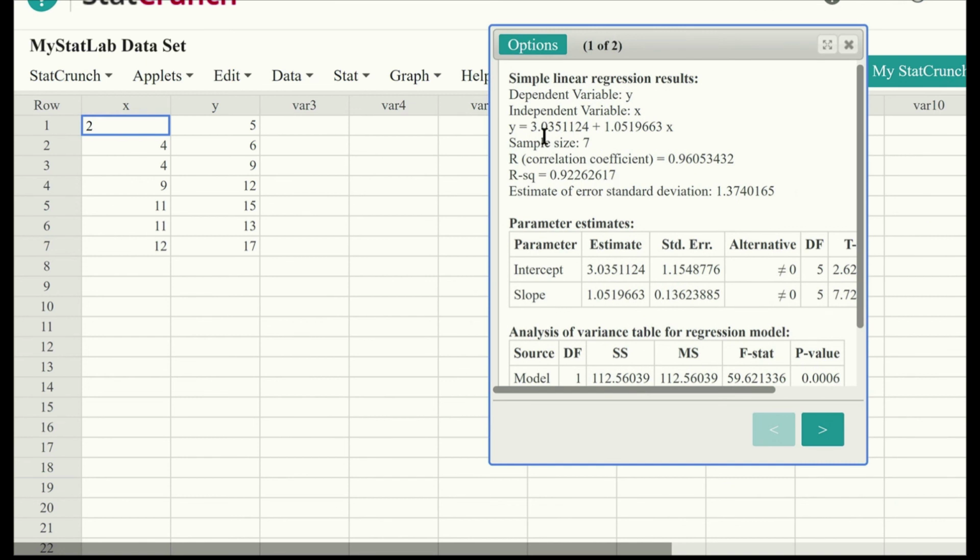So remember, usually we want to write this piece first to have it in mx plus b form, right? Write this first, so we're going to round to probably 2 places. So 1.05x plus 3.03.